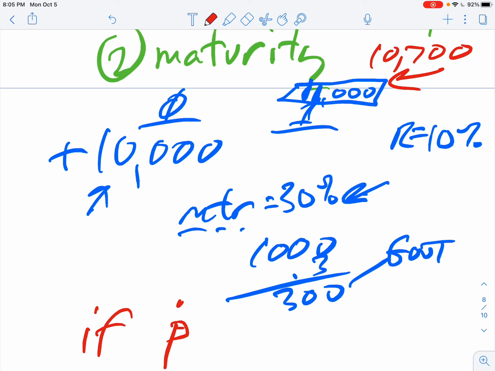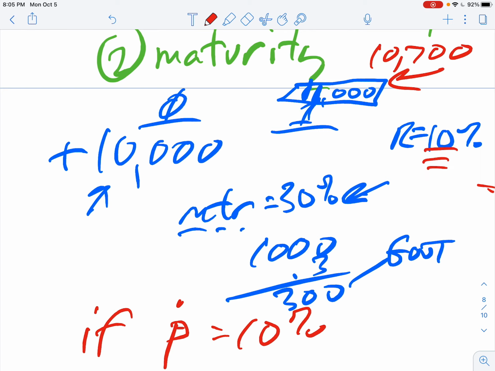So P with a dot above it means inflation that actually occurred. So if actual inflation was 10%, then you, with your $10,700 at date one, will have experienced a decrease in purchasing power because the inflation rate exceeded the nominal rate that you were earning in after-tax terms.